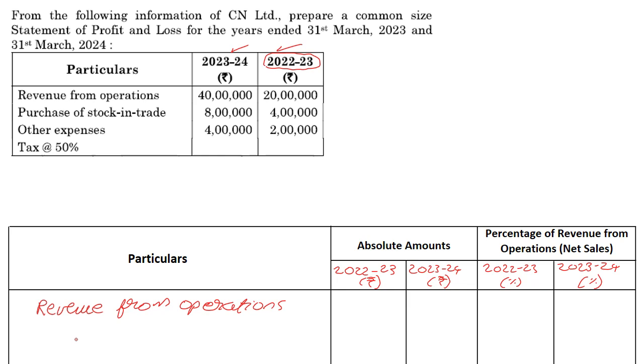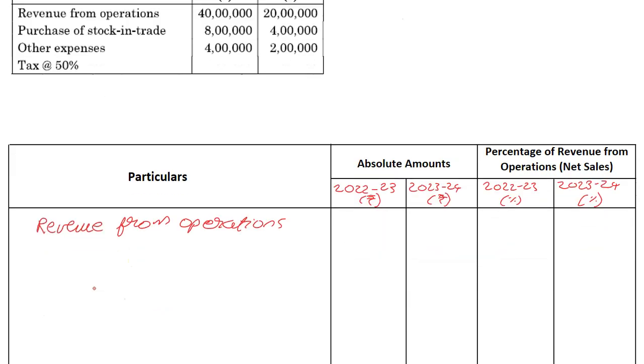So we have revenue from operations. The next line item in Schedule 3 is other income, which is not there. So we simply get hold of total revenue, which is the same number.